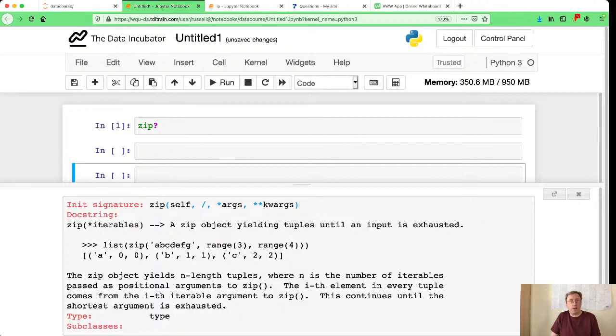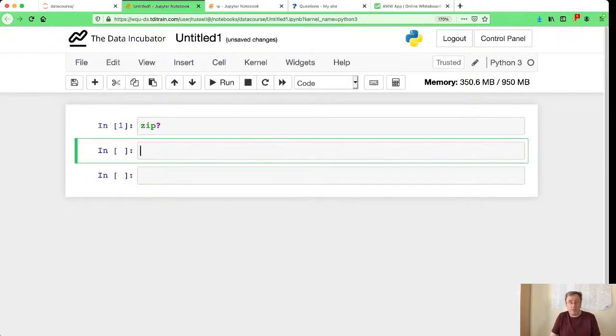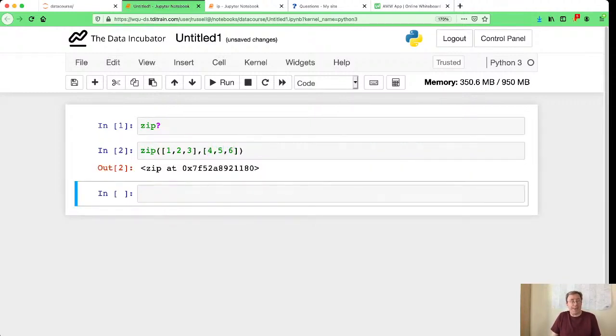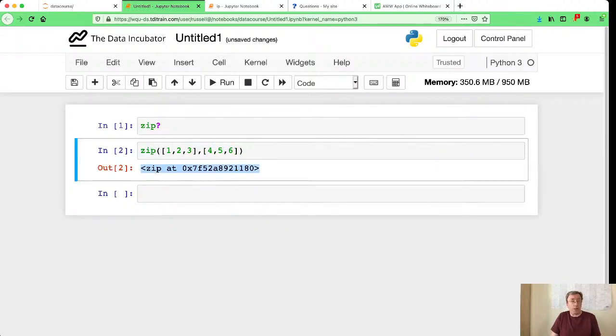So what does this mean? Let's zip 1, 2, and 3 with the list 4, 5, and 6. This is implemented as what's referred to as a Python generator.